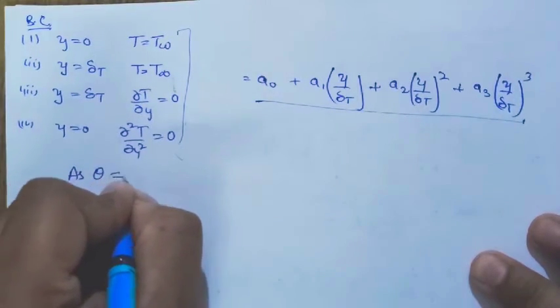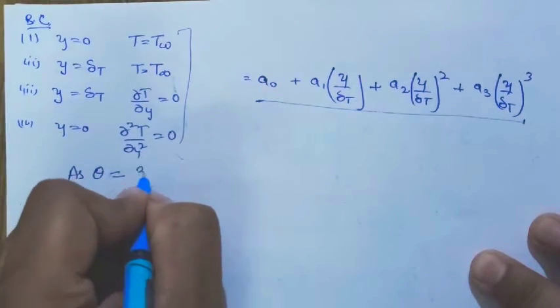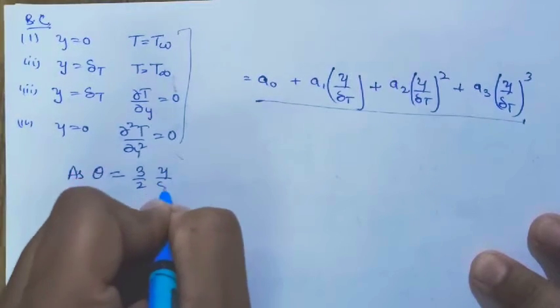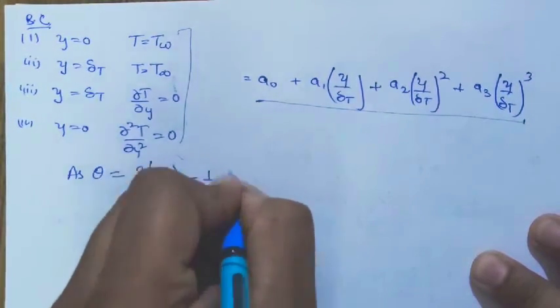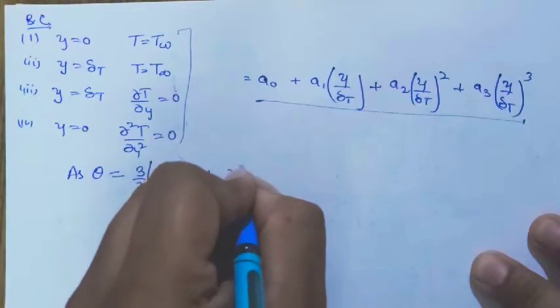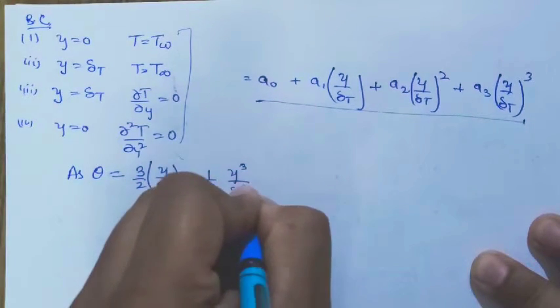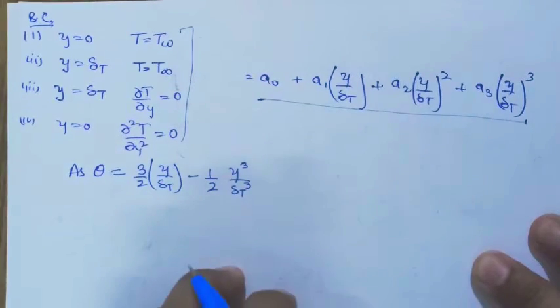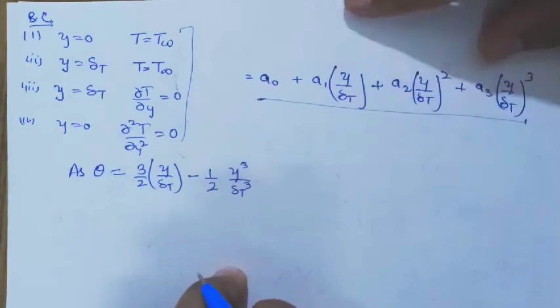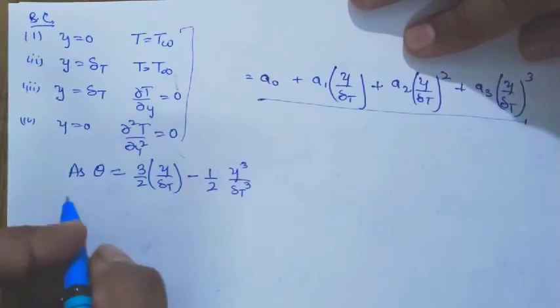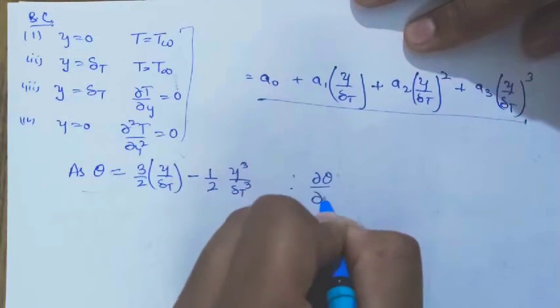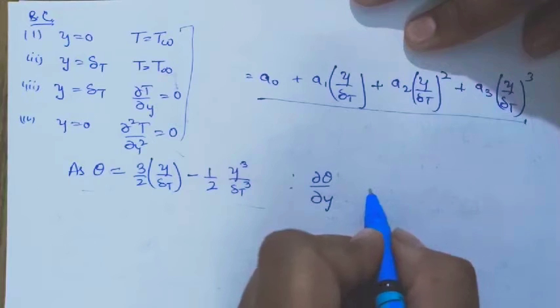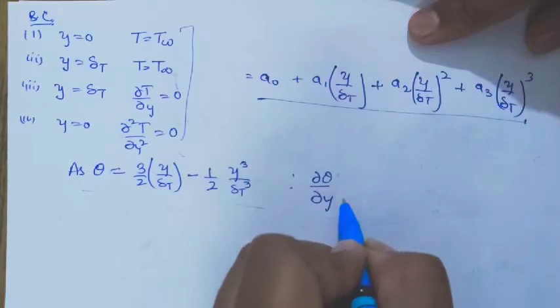theta is equal to again 3 by 2 of y by delta t minus half y cube by delta t cube, right? So also I need to differentiate with respect to y at this condition, because I'll need that relation.